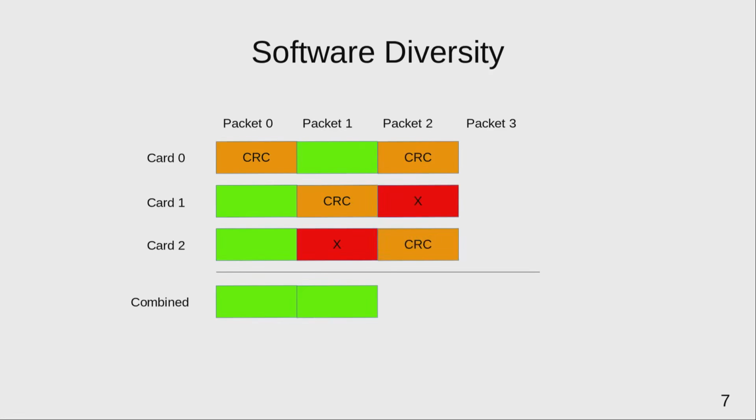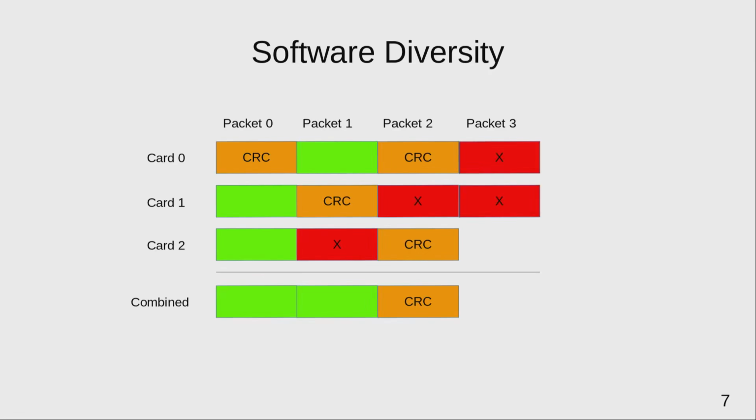So what would we do here? Well, it's a tough choice, but the best thing we could do is to pick one of the packets with a CRC error, maybe preferably the packet with the higher received signal strength. But besides that, there's not much more we could do.